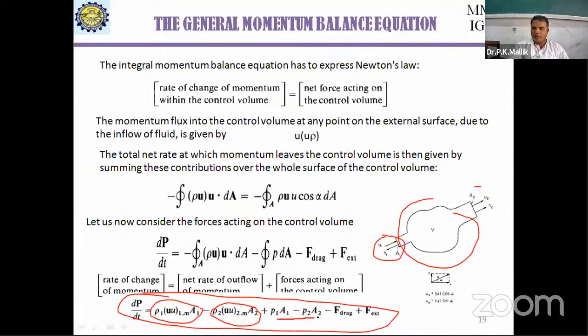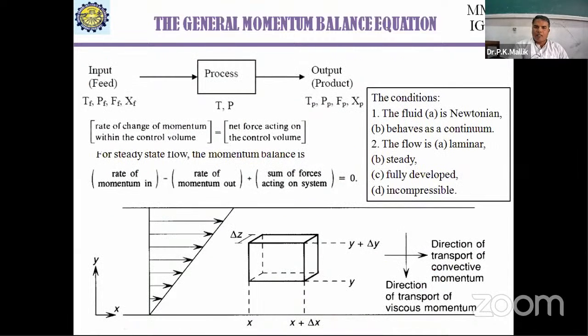Then you come to this. This is the pressure force. This is the drag force. This is the external force acting over the system. Especially in most metallurgical processes, in transport phenomena we consider forces like gravitational force or other forces, or the mechanical force acting over the system.